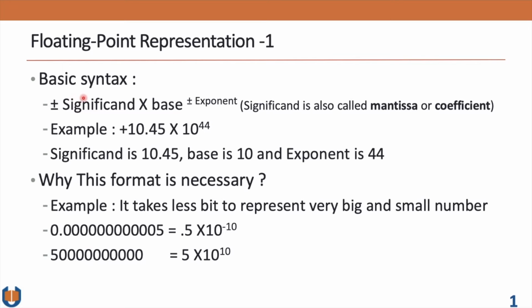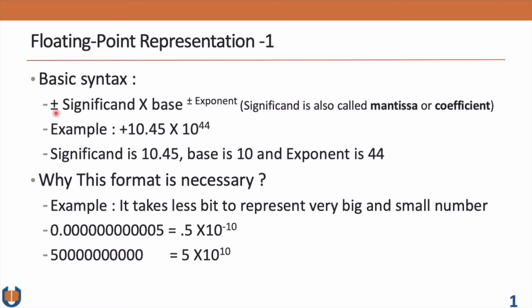The significant is also known as the mantissa or the coefficient. In this lecture I will use all the terms significant, mantissa or coefficient, but be careful, these are all the same.